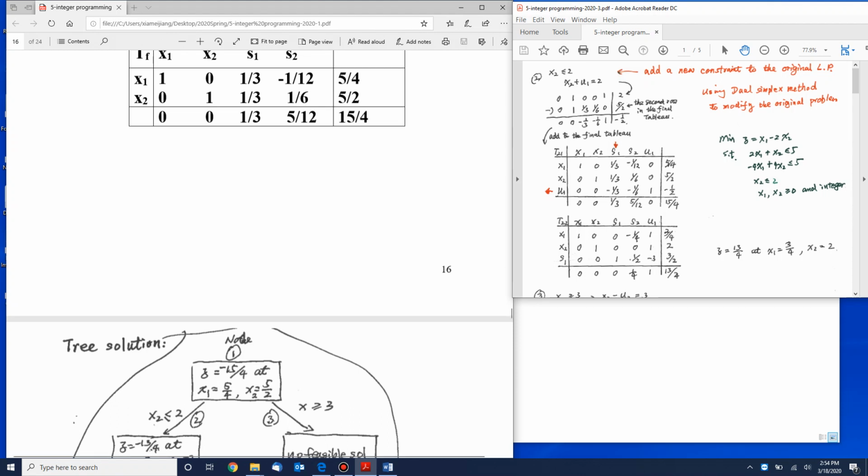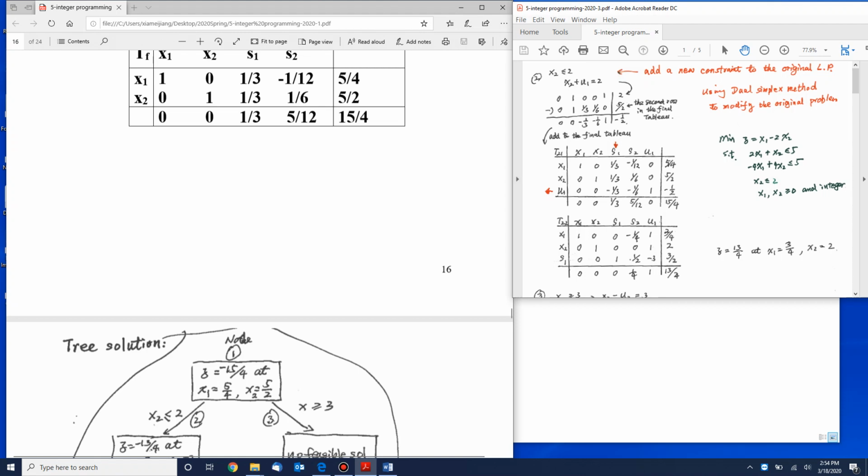Because we want x2 to disappear in the new constraint, we use the second row, which is 0, 1, 1/3, 1/6. But this row doesn't have u1, so we keep 0 there. And then the constant is 5/2.